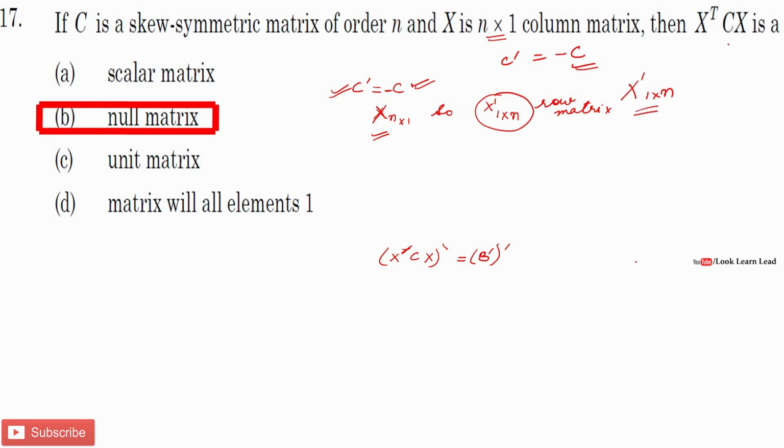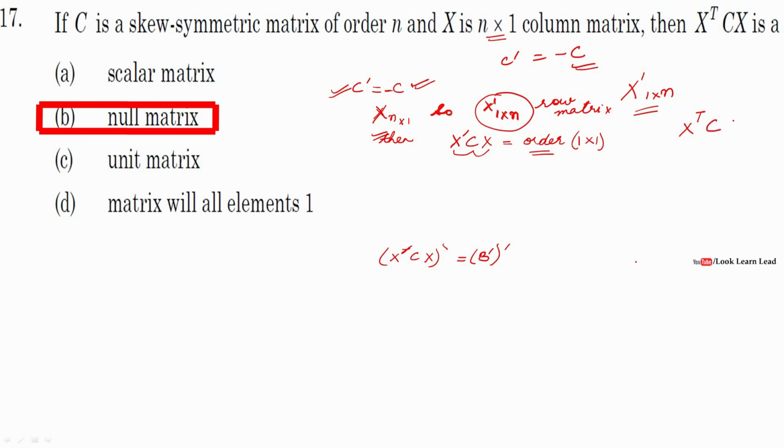What we have to calculate is X transpose C X. When we multiply this, it would be a matrix of 1 cross 1.